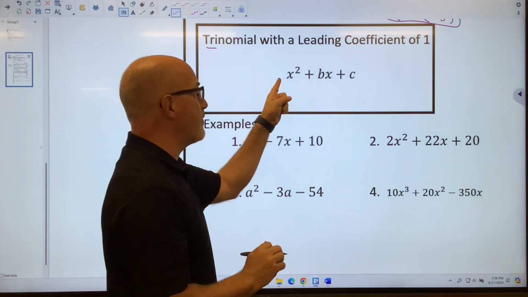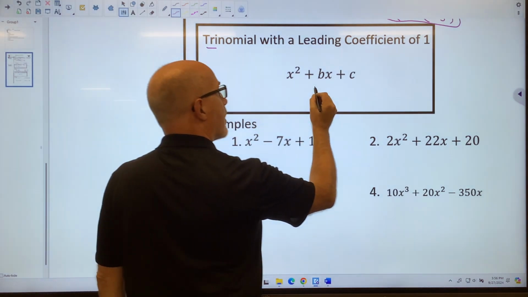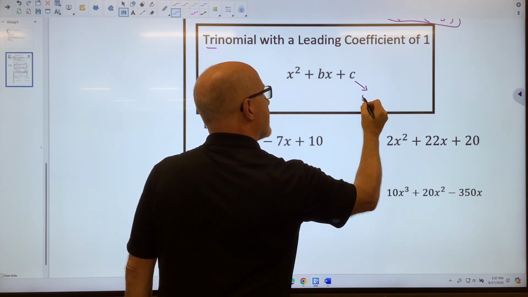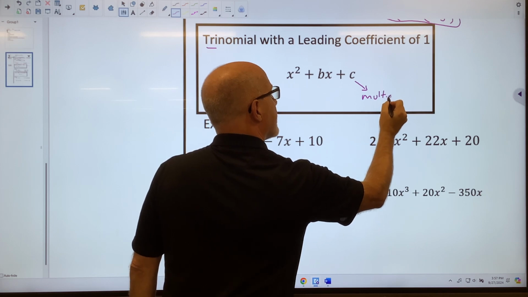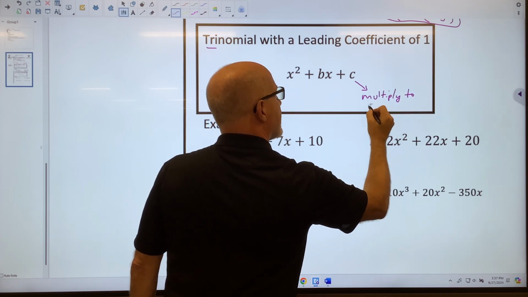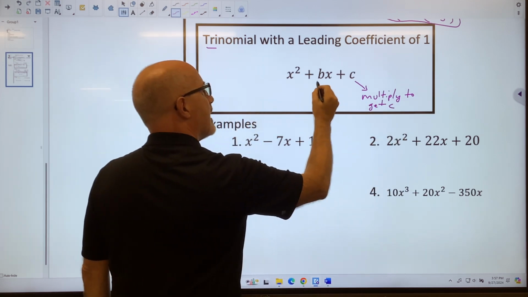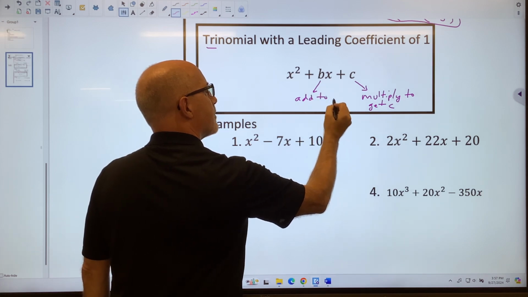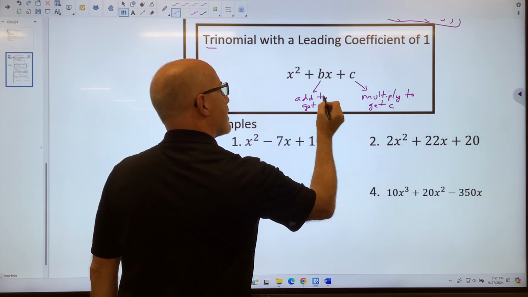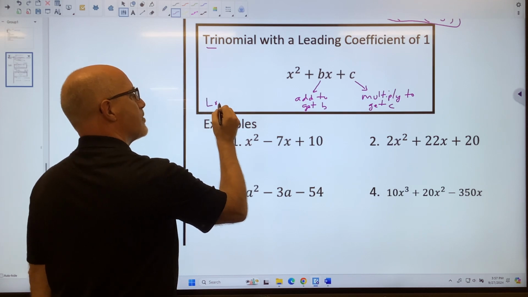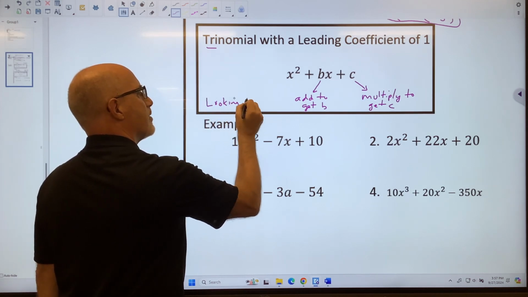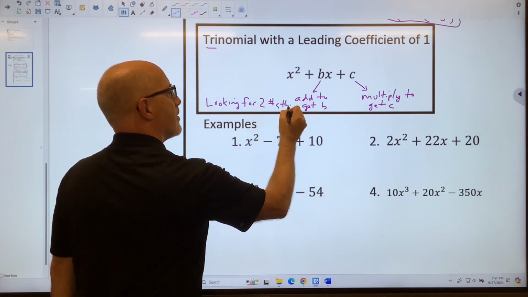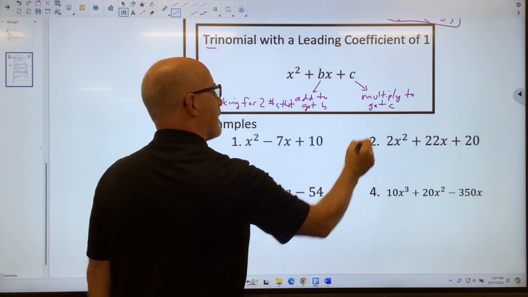So notice if you have a leading coefficient of 1, the pattern we're looking for is two numbers that multiply to get C, the last number, and they add to get this B. Okay, so looking for two numbers that add to get the B and multiply to get the C.